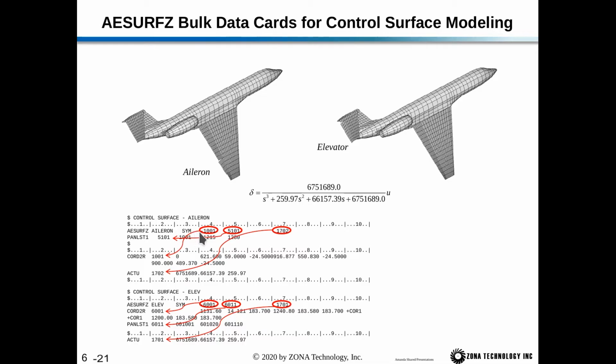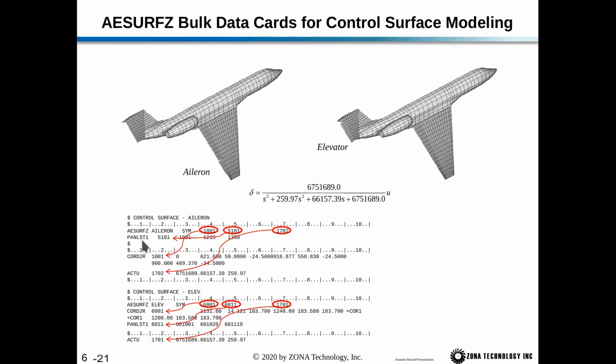So the Cord 2R bulk data card here defines the hinge line axis. So the minus 1001 means to use the z-axis of this Cord 2R card. So the z-axis of the Cord 2R card defines the hinge line here. The 5101 refers to the pan-LST. This defines the boxes.